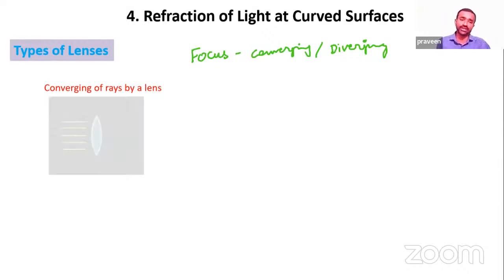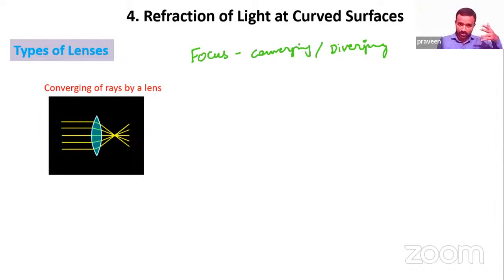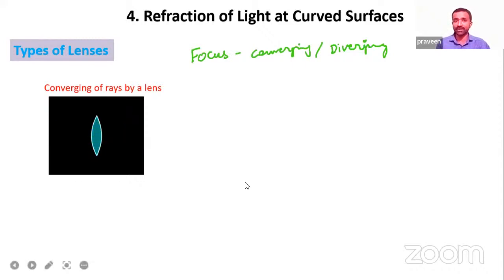Just look at the screen here. When a parallel beam of light rays passes through a double convex lens, what happens? They are going to meet each other at a common point. This common point we can call the converging point.